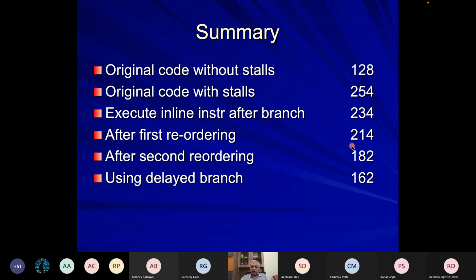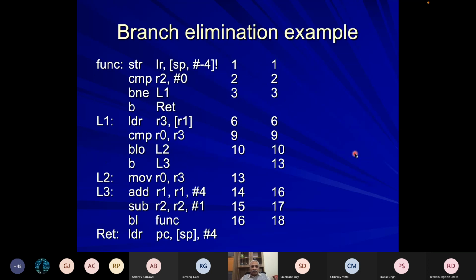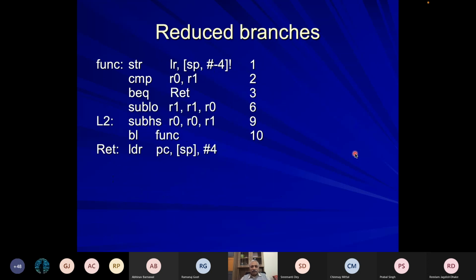After first reordering, 214. After second reordering, 182. Using delayed branch, 162. So you see that the attempt is to get to this point, 128. Let me stop here and take some questions. There were one or two examples of branch elimination using predication, but maybe I'll look at that next time.